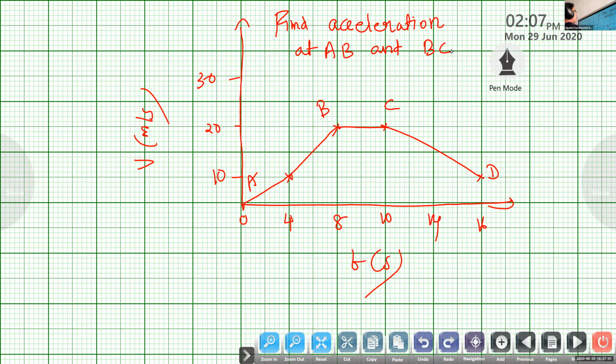Let us do the first problem, then we go to the next. Find acceleration at AB and BC. So what is a at AB? What is the equation again, children? V minus U by T.